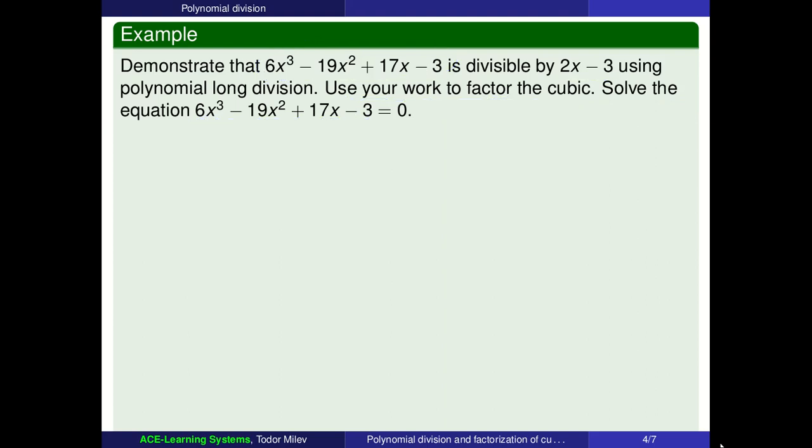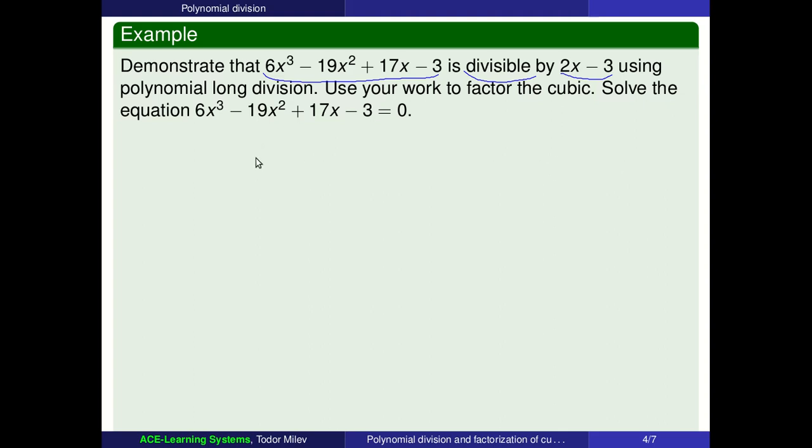Now, what does it mean for one polynomial to be divisible by another polynomial? One thing is divisible by another if, when we carry out the long division algorithm, in the end the remainder is 0.